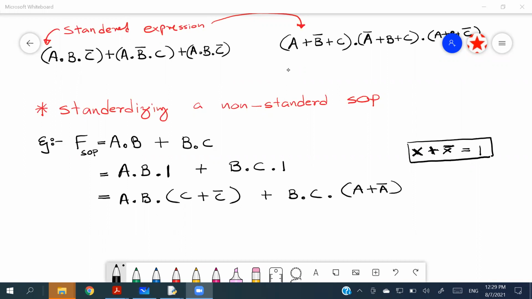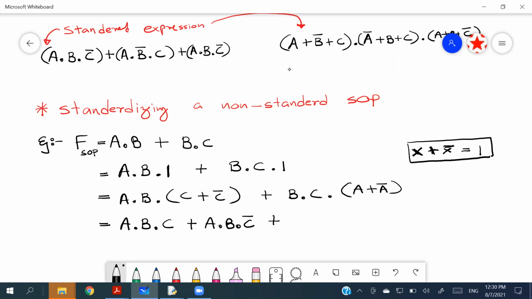Yes? Right, great. Now you apply the distributive law. A dot B dot C plus A dot B dot C bar, right? The C plus C bar bracket is solved.